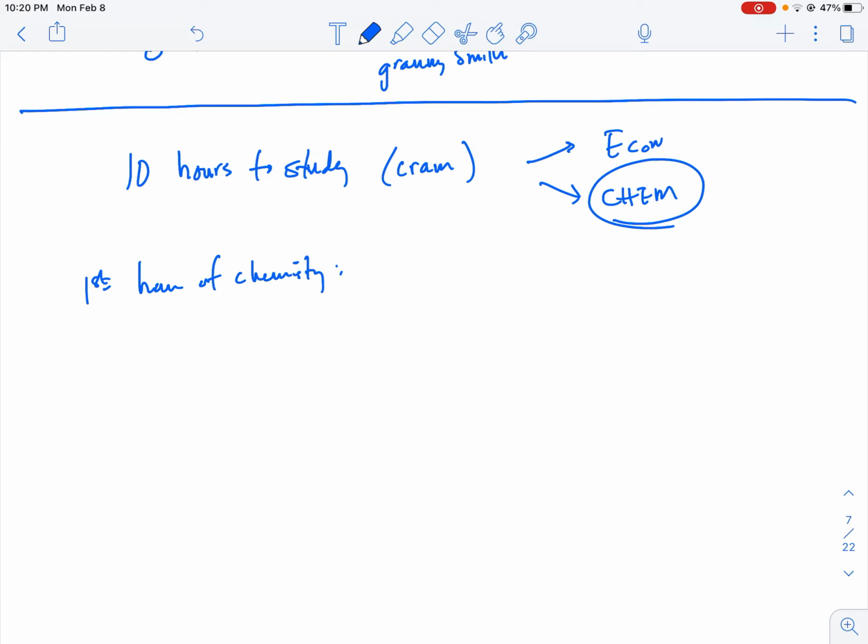So every hour that I study chemistry, I gain points in chemistry, but I forego something, right? I give up the chance to be studying econ and to be getting expected increases in my score in econ. So there's an opportunity cost. The opportunity cost of studying chemistry is studying econ. So the opportunity cost of gaining points in chemistry is points in econ.